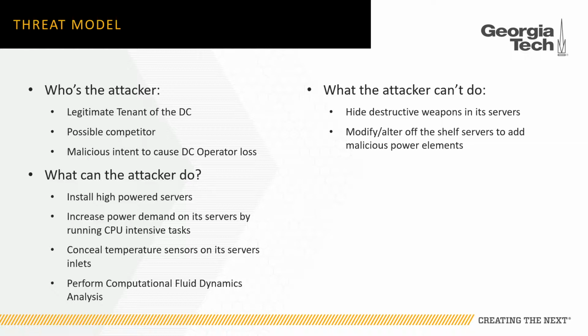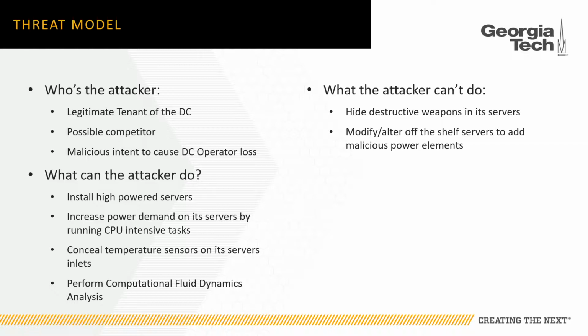Now, when we look at the threat model for this paper, the authors start describing who could be the attacker, or what would be the characteristics for the possible attacker.